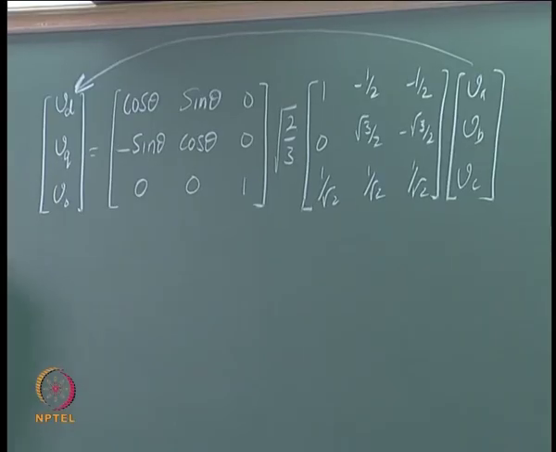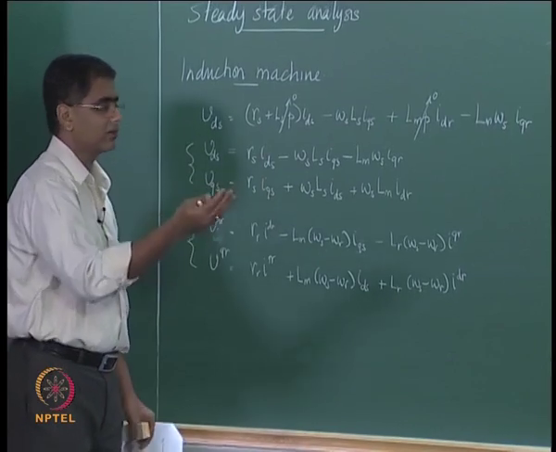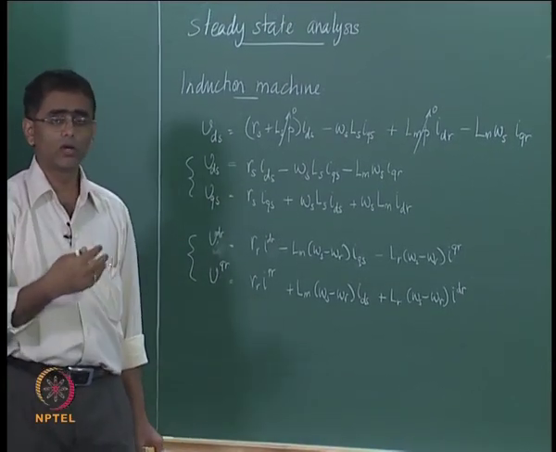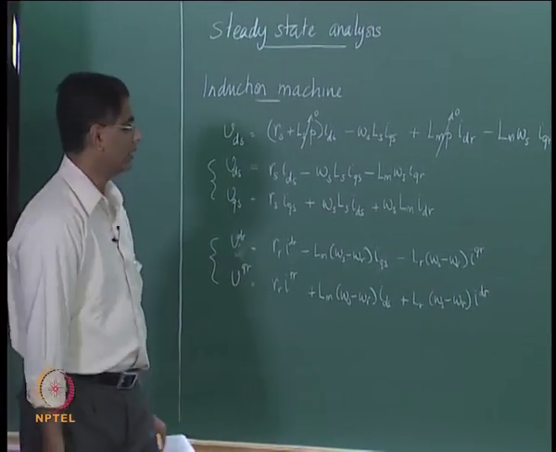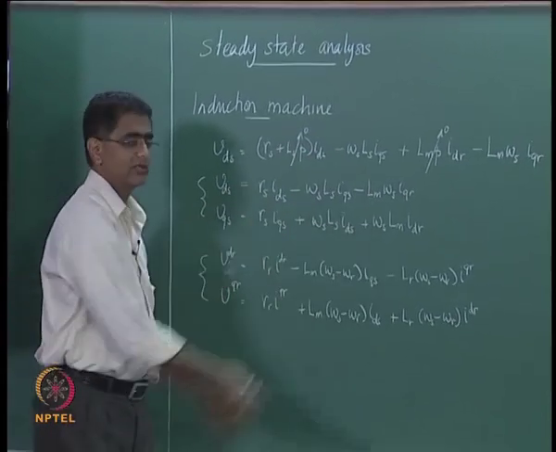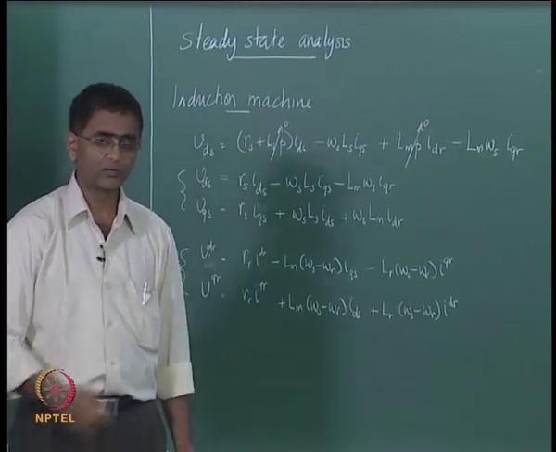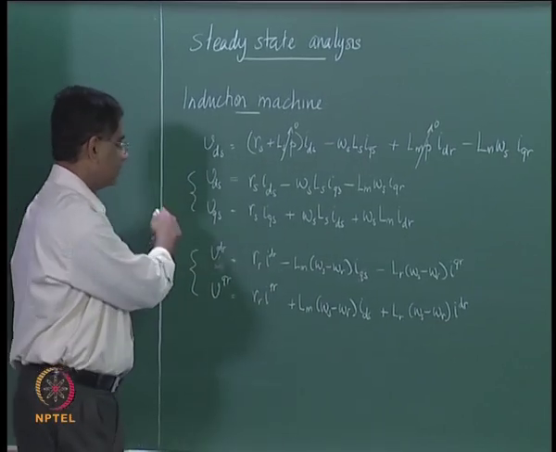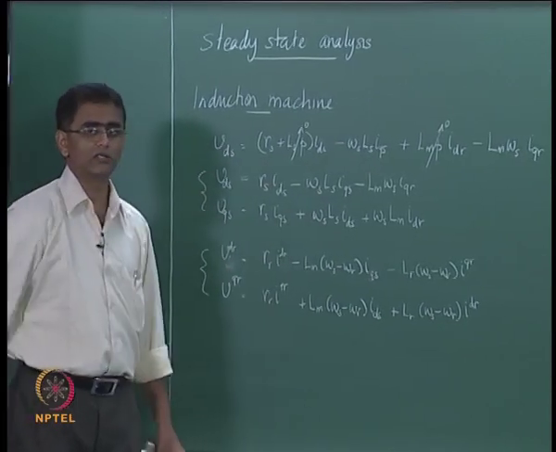So this is the transformation that takes us from the ABC reference frame all the way to dq, and what we want to do is exactly the inverse. Now we want to go from the dq equations back to ABC, so that we can find out what VA is in terms of all these terms that we have represented. Similarly, what IA is in terms of all these terms.